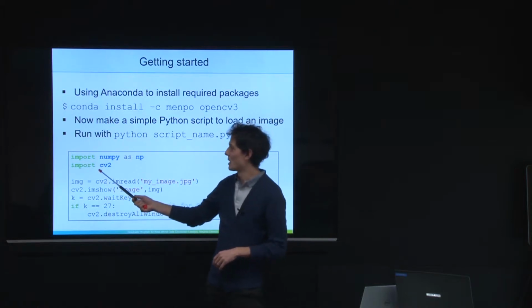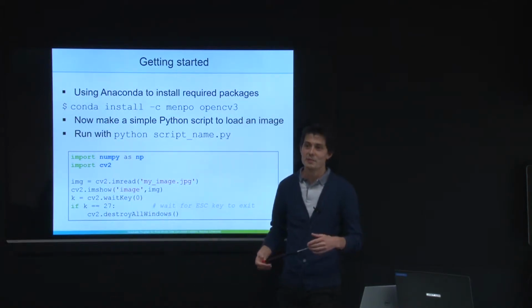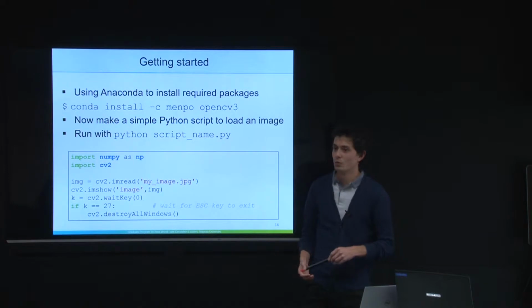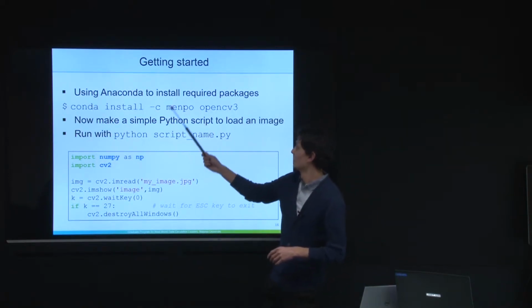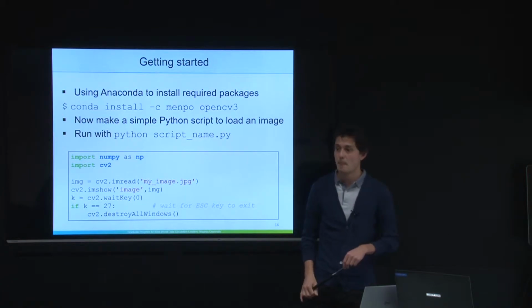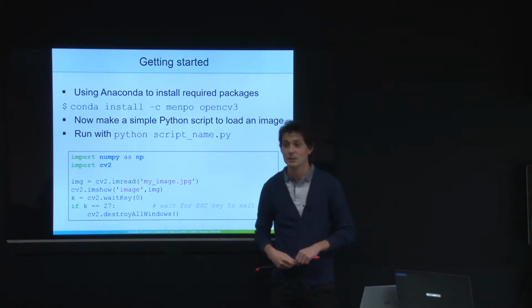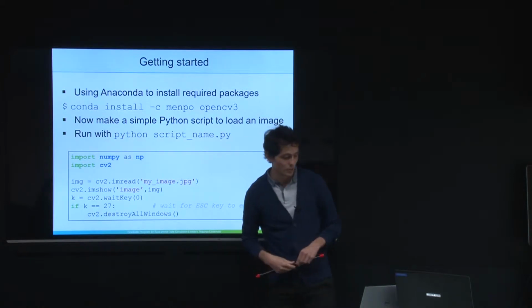If you get an error after typing import cv2, then it means you haven't successfully installed this group of software that comes in this repository for OpenCV. So you can just give that a go now, because if that's not working, we won't be able to run any of the code.